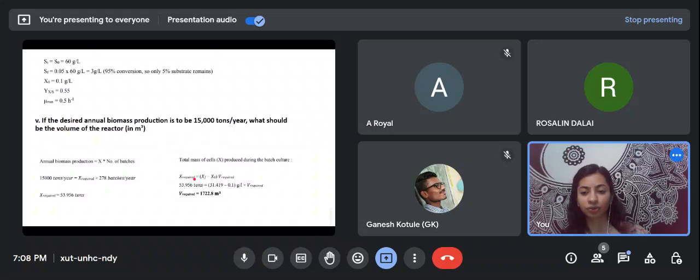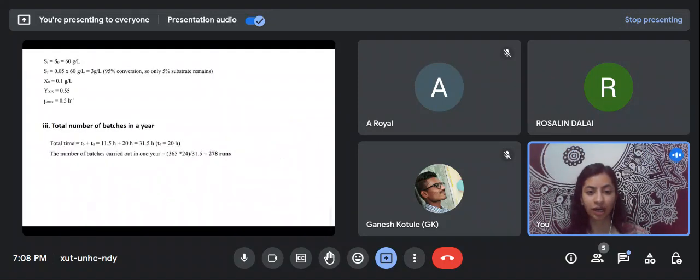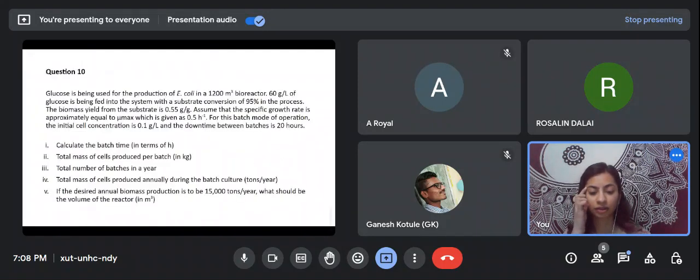So the total biomass produced per run is 53.96 tons, and you know the final amount and the initial amount that you had put in.